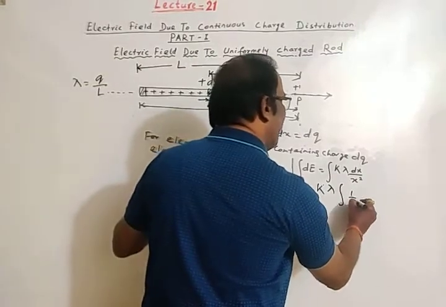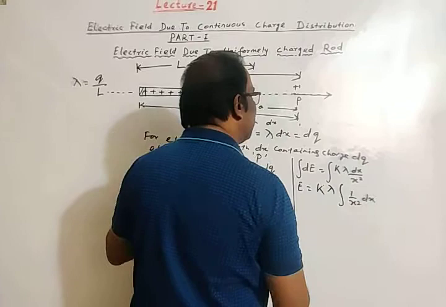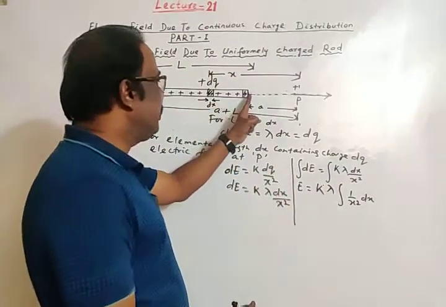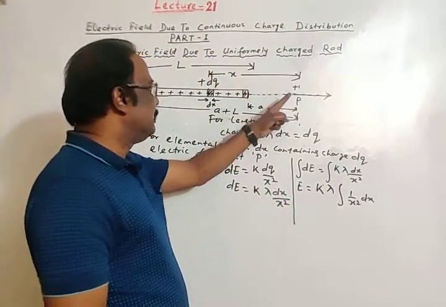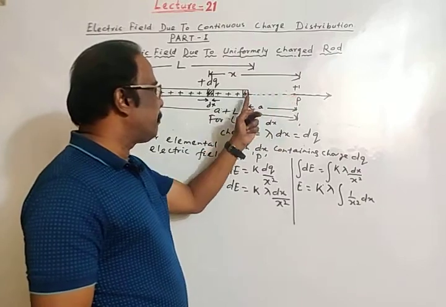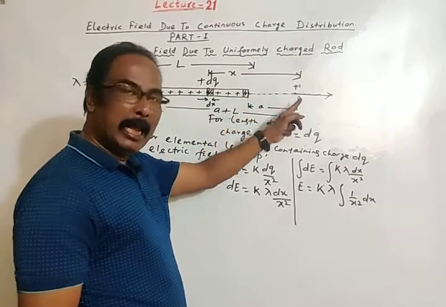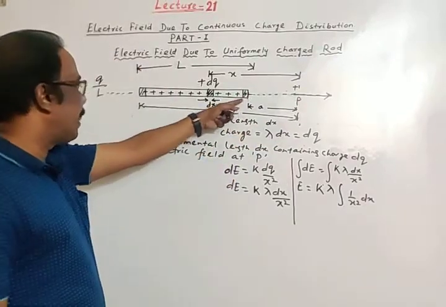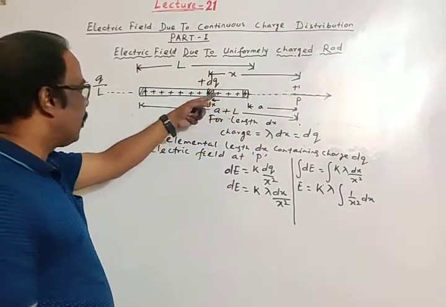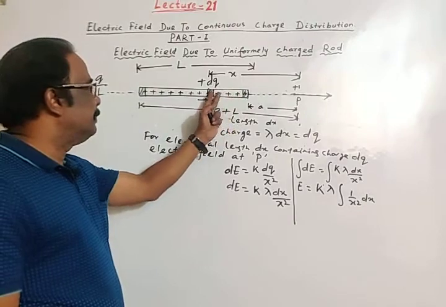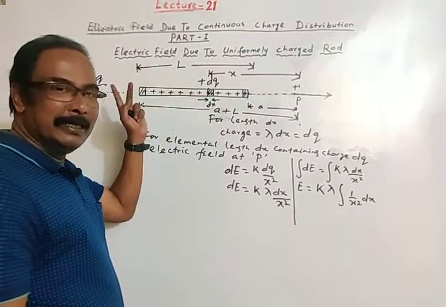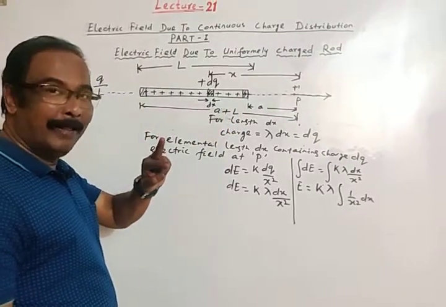Integration of 1 by x square into dx, and our limit. Starting from this end, the distance of point P from this elemental length dx is a, and we have divided the whole length of the rod into a number of elemental sections, each segment of length dx.